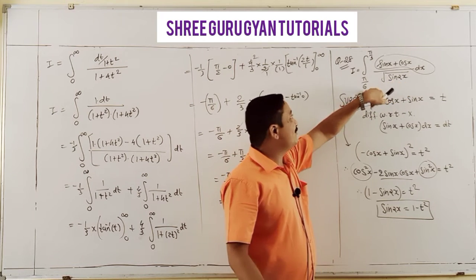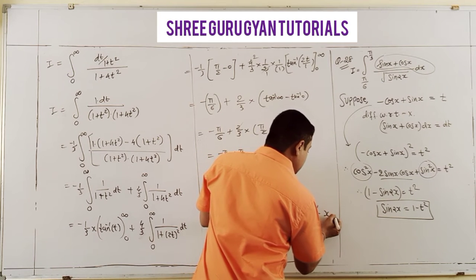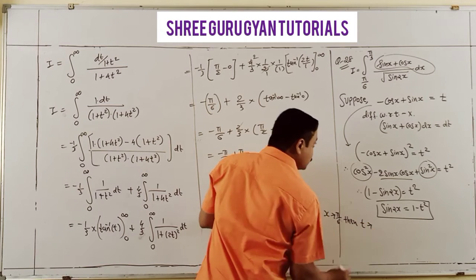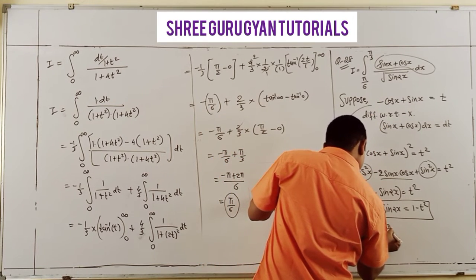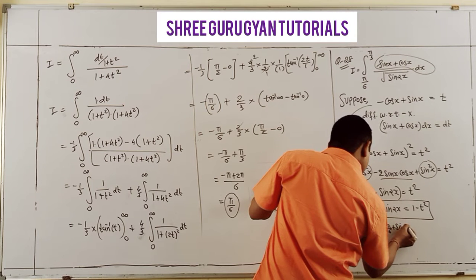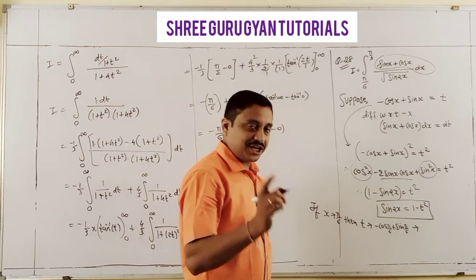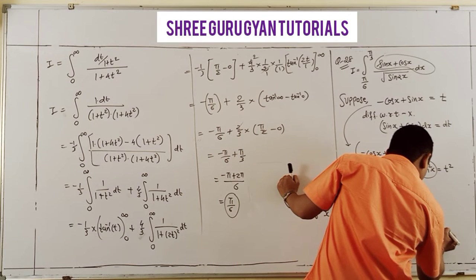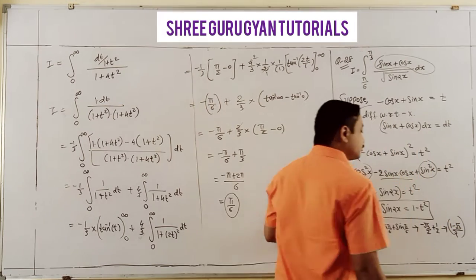Now the limit changes. So I start my limit. If x tends to pi by 6, t tends to, as you assumed already, minus cos pi by 6 plus sin pi by 6. So cos 30 is root 3 by 2, sin 30 is half. In short, you get 1 minus root 3 by 2.